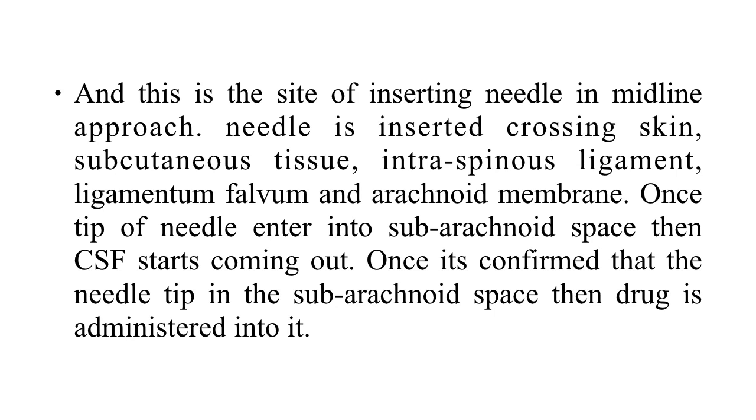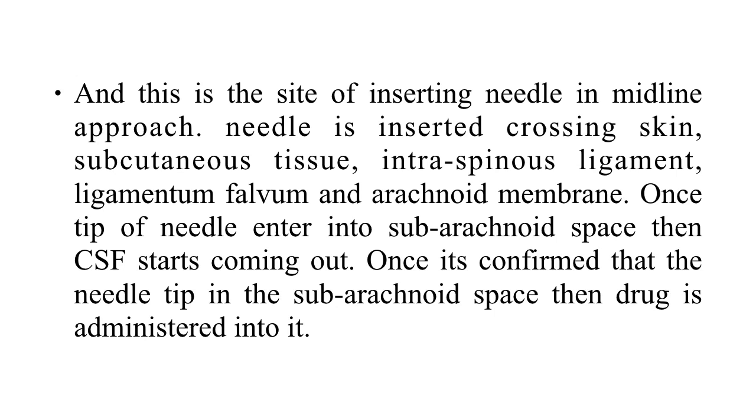While passing the needle through the skin, interspinous ligament and ligamentum flavum, there will be some resistance which is appreciable while inserting, and once it crosses the ligamentum flavum there will be a sudden loss of resistance, which indicates that the tip of the needle has entered the subarachnoid space.